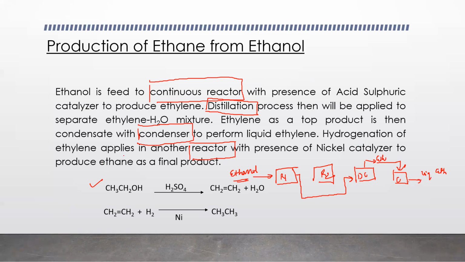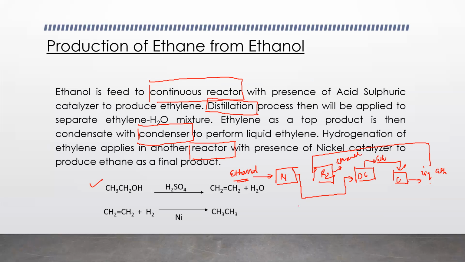Hydrogenation of ethylene applies in another reactor. So this is my ethylene, liquid ethylene. Now this is getting hydrogenated in another reactor. So let's connect this to this reactor. And finally, to produce ethane as the final product. So from here we have ethane as the final product.